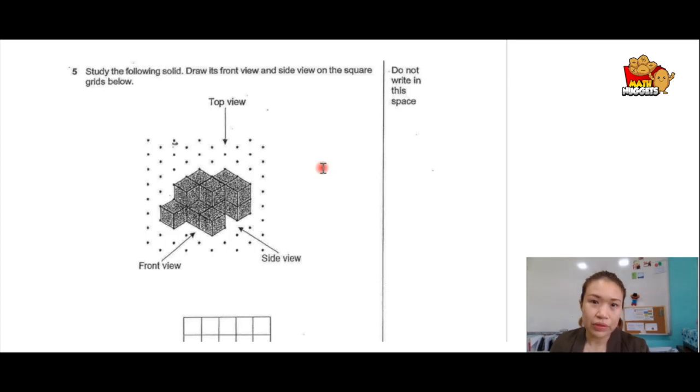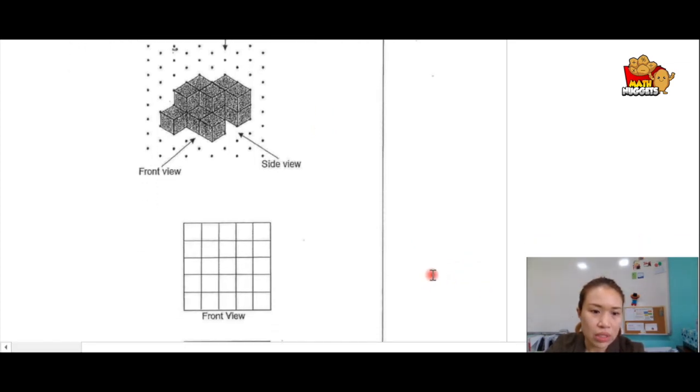Question 5. We're supposed to draw the front view and the side view of this solid. So first, the front view. At the bottom, we would have 3. The first level, we will have 3.